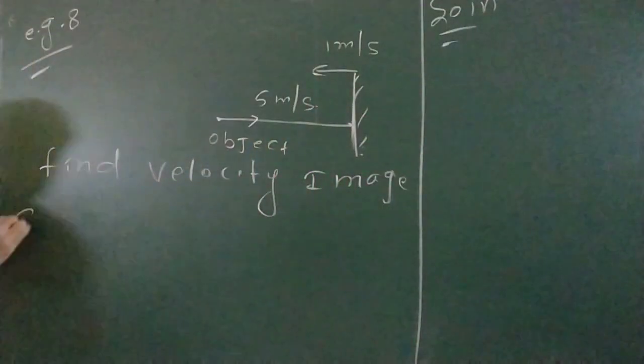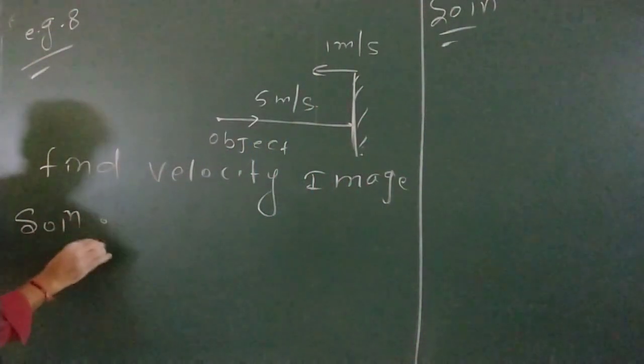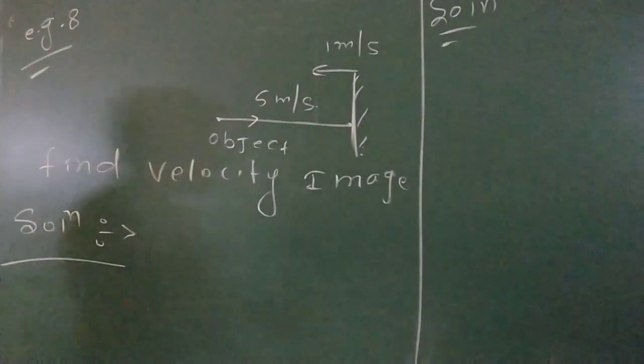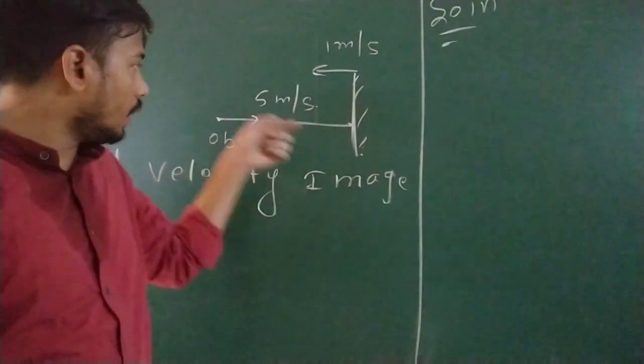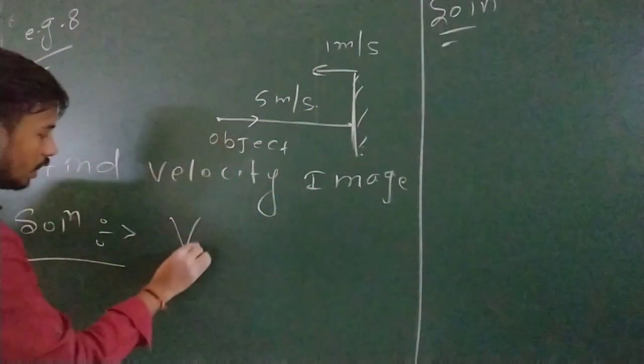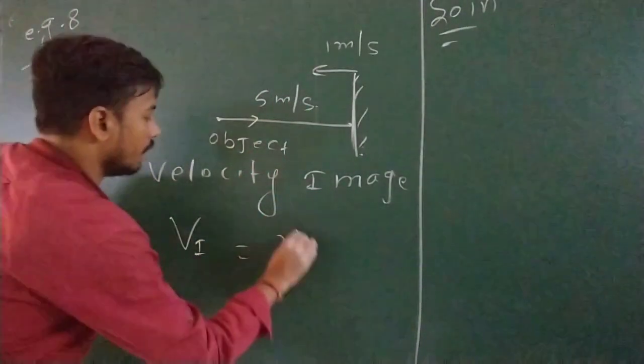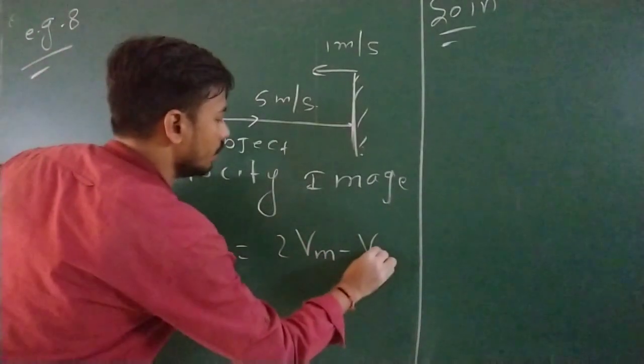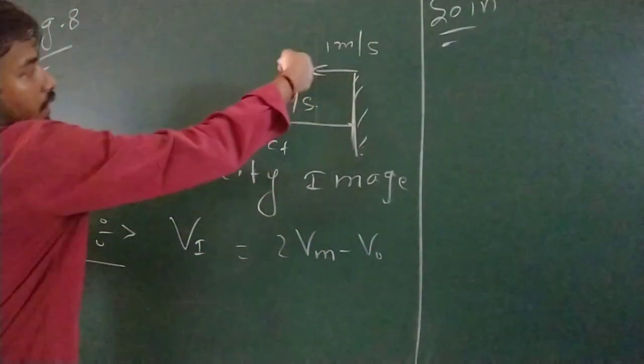Solution. In this case, I told you, take two components. Here velocity is only along the perpendicular direction. So velocity of image becomes 2 times velocity of mirror minus velocity of object.